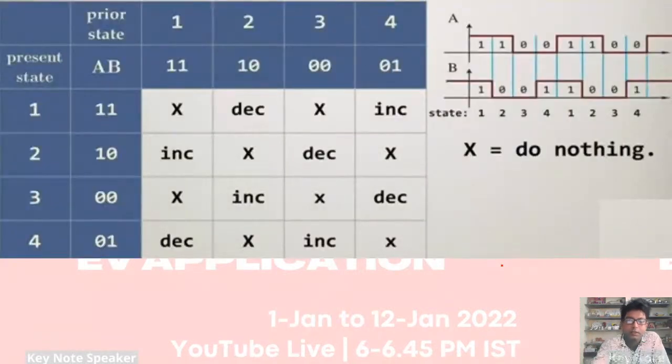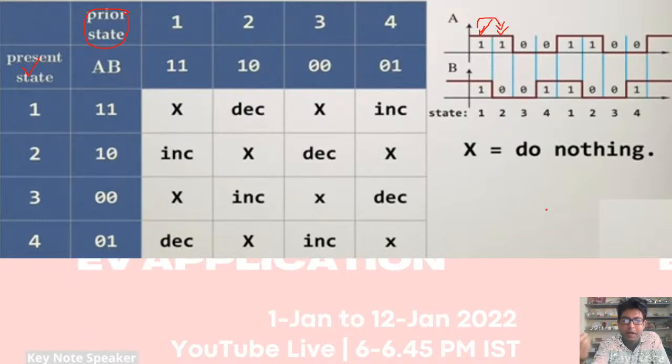Okay, now you see I am making one truth table. So this is my past state and this is my present state. Now you see, if my past state is 1 and present state is 2, then it is going like this.